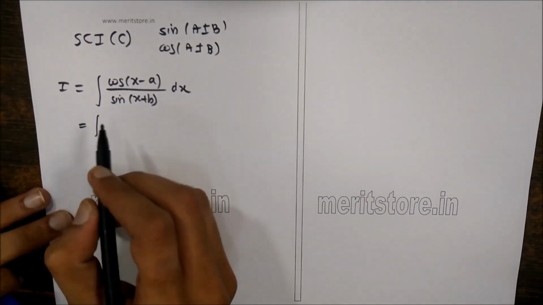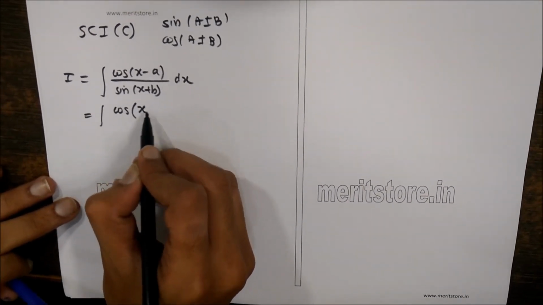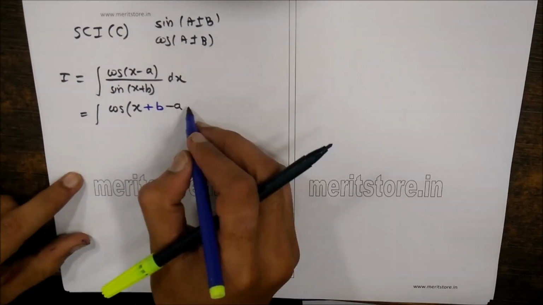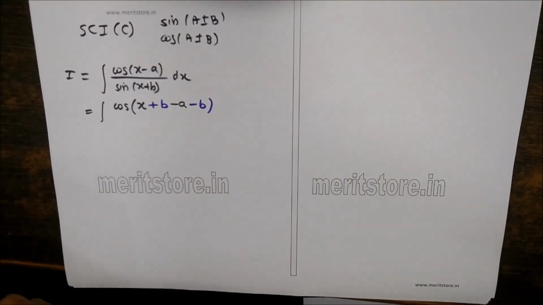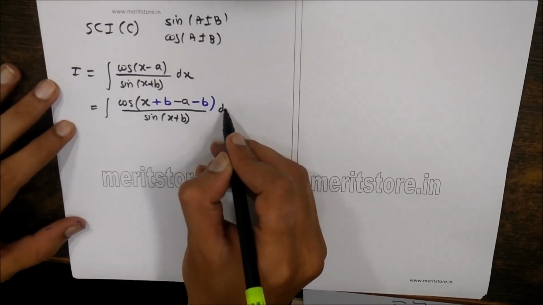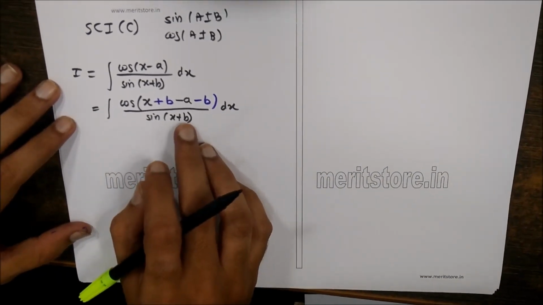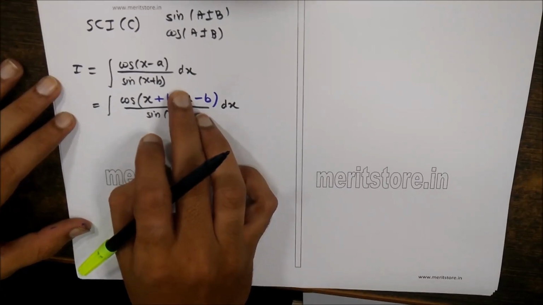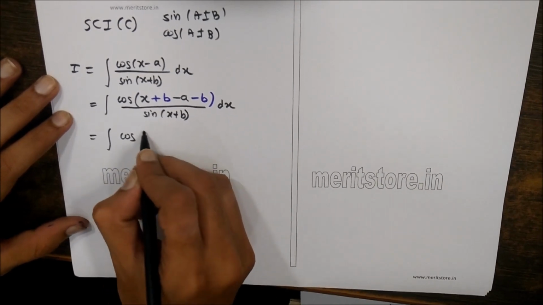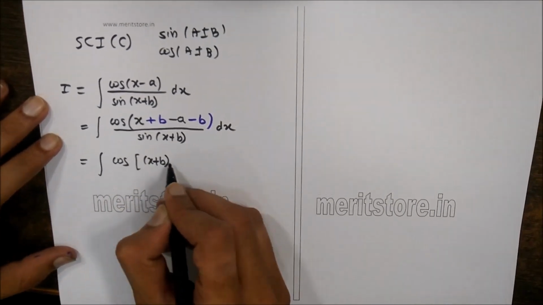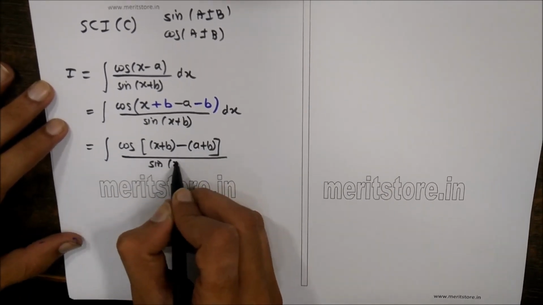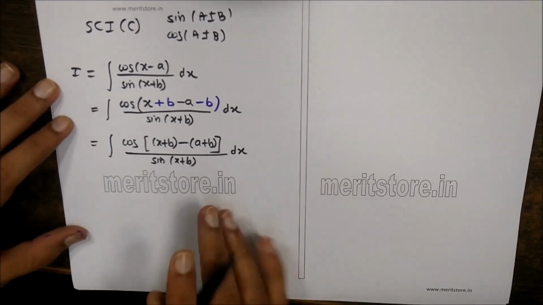So our step would be cos of x plus b minus a and minus b upon sine of x plus b. The thumb rule of this entire type is to adjust the angle in the numerator depending upon the angle present in the denominator. The numerator is now of the type x plus b minus a plus b taken common upon sine of x plus b dx.